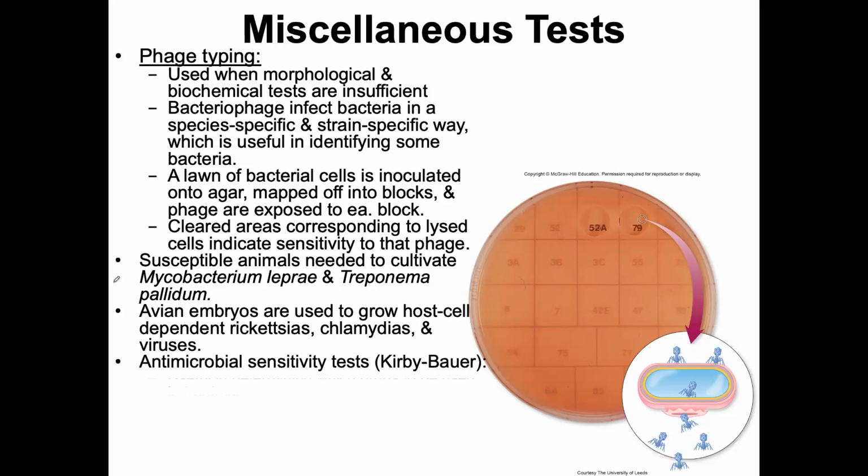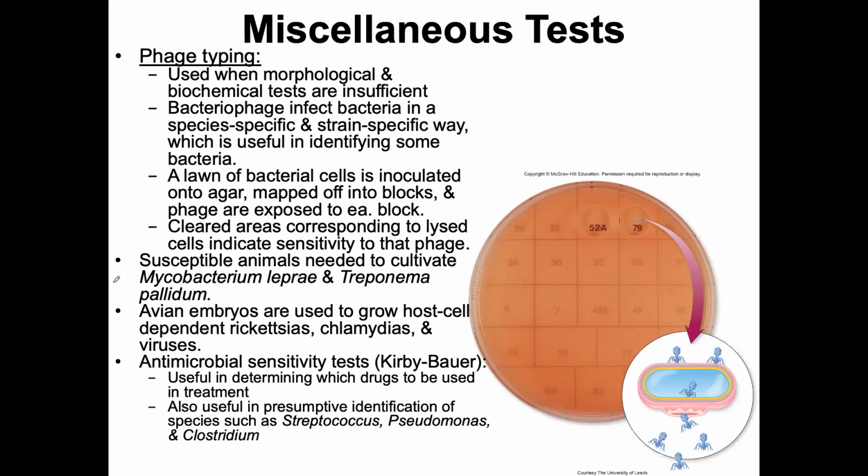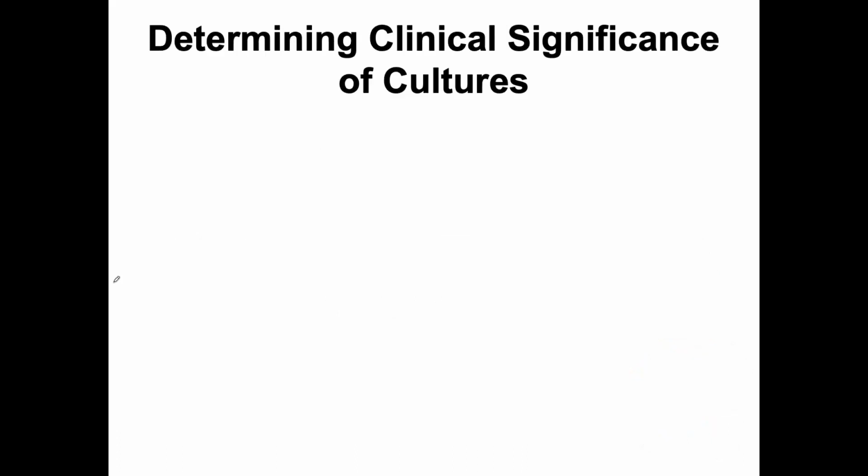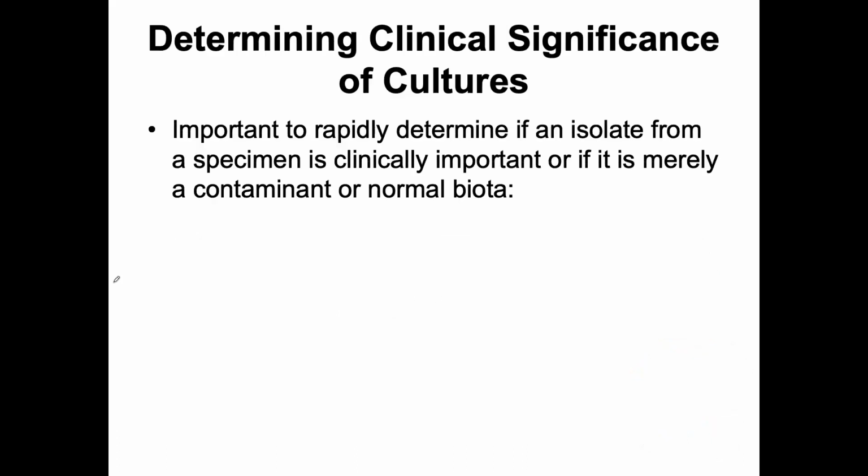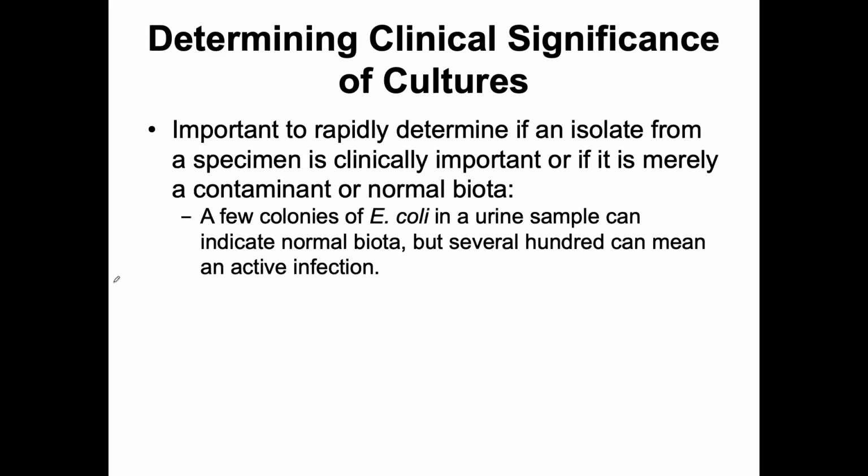Antimicrobial sensitivity tests are important in determining which drugs we're going to use to treat. Also useful is presumptive identification of strep, Pseudomonas, and Clostridium, because we have a lot of established ways of dealing with those infections. Okay. It's critical to find out if an isolate from a specimen is clinically important or if it is a contaminant, okay?